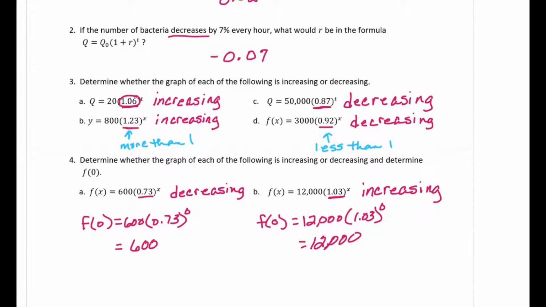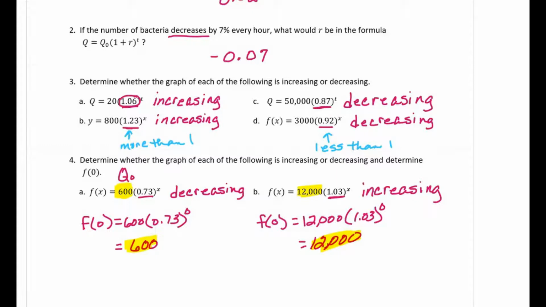One thing I want you to notice about this is that this number that I end up with is the number that's in front of the parentheses, and it just didn't happen to be that way. f of 0 means time at 0, and my formula has that Q sub 0 as the initial quantity, or the quantity at time 0.